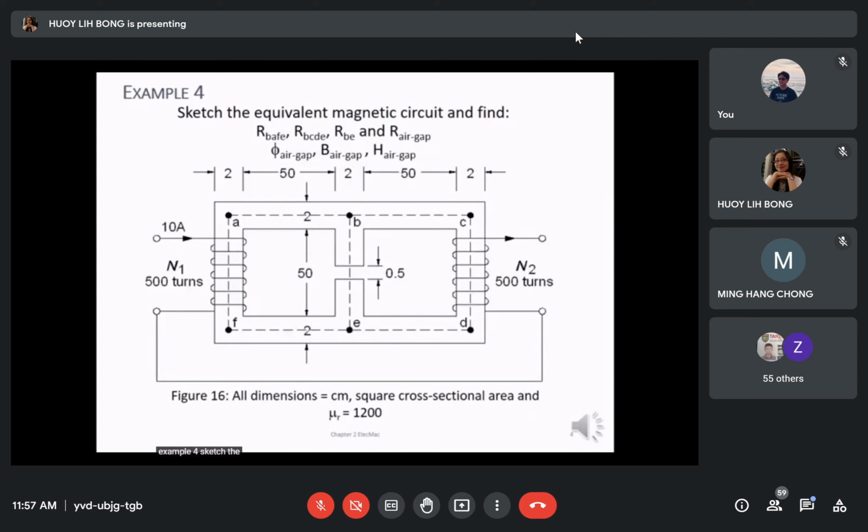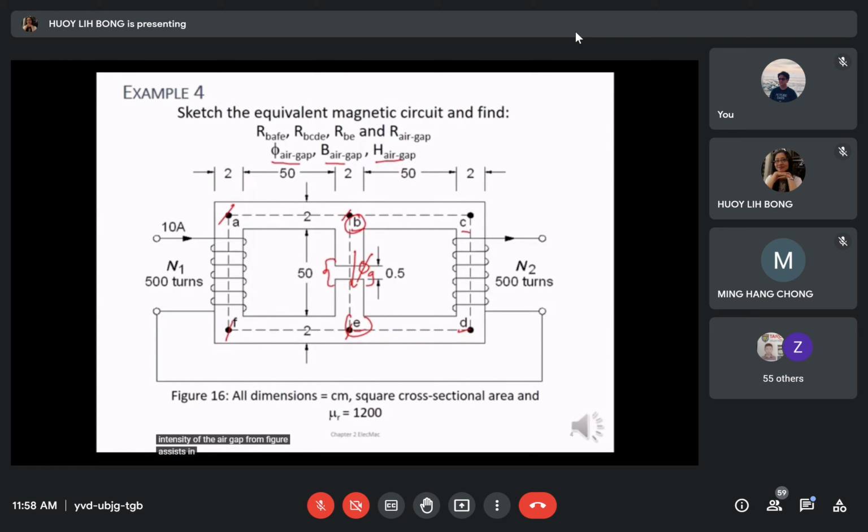Example 4, sketch the equivalent magnetic circuit and find the reluctances R, B, A, F, E, R, B, C, D, E, R, B, E, and then the air gap's reluctance. Also find the flux flowing through the air gap, the magnetic field density of the air gap, and also the intensity of the air gap.